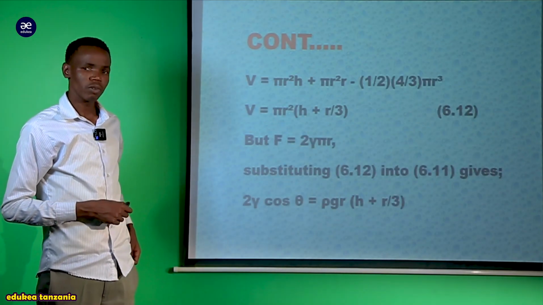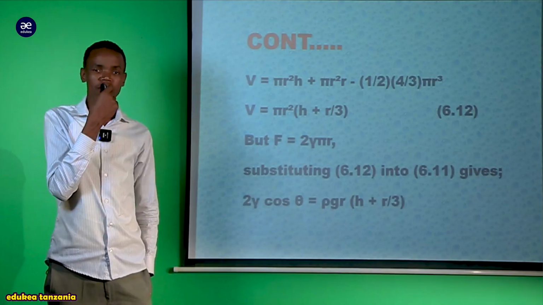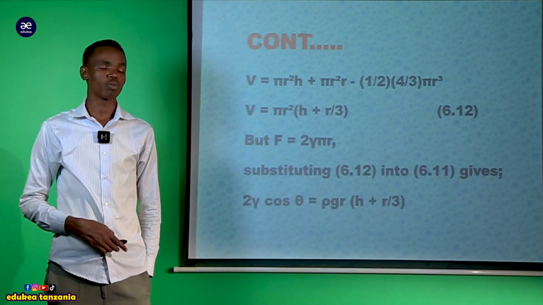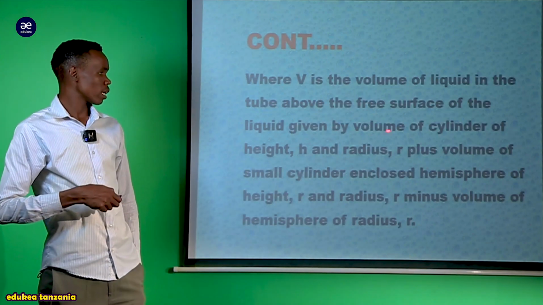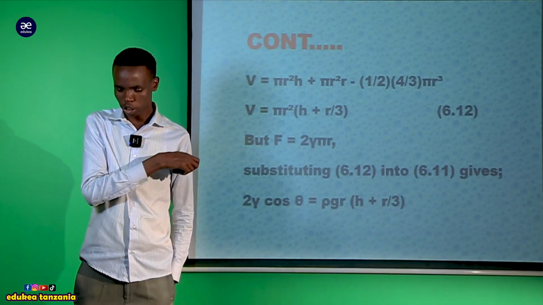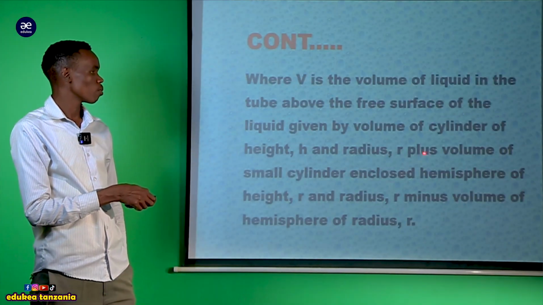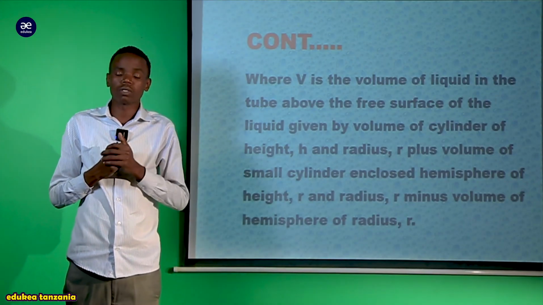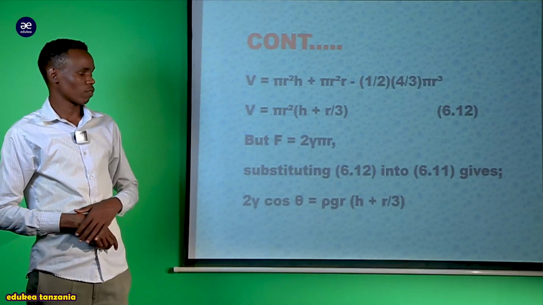Now, my lovely student, as we have been told, we get the volume by taking the volume of the cylinder, then we add the volume of the small cylinder enclosed by the hemisphere, then we subtract the volume of the hemisphere, as we have seen here. The volume of the cylinder at the certain height is obtained by taking pi r square h, as we try to observe here. But the volume of the small cylinder enclosed will be equal to pi r square times r, as we see in our formula here.